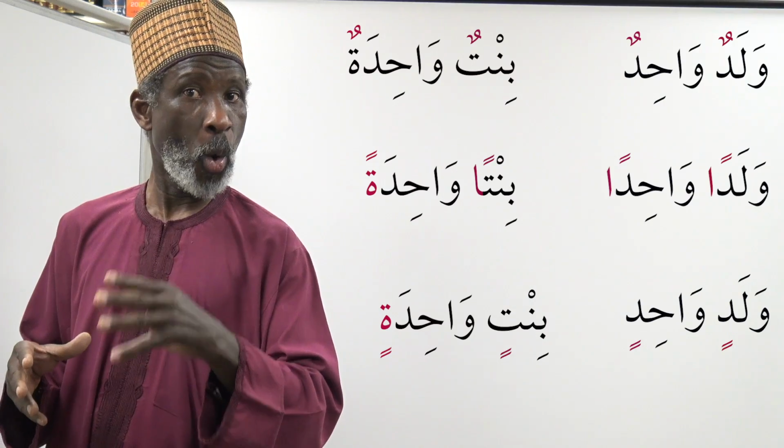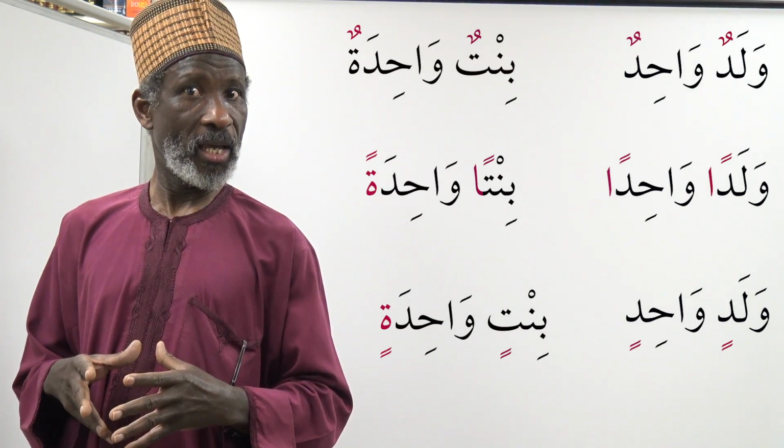What do I mean by case ending? If the noun is in the nominative position or nominative case, such as damma, for instance, waladun, then the number 1 also needs to say wahidun, waladun wahidun.